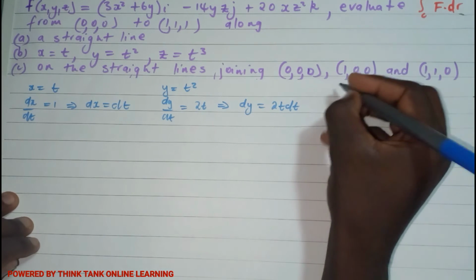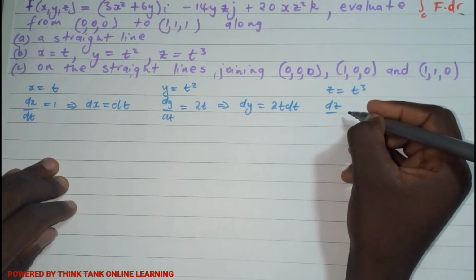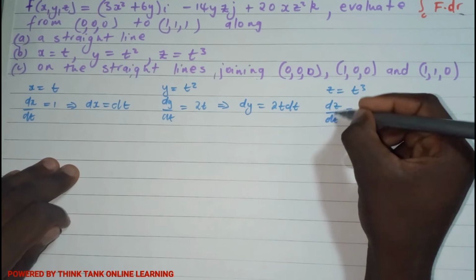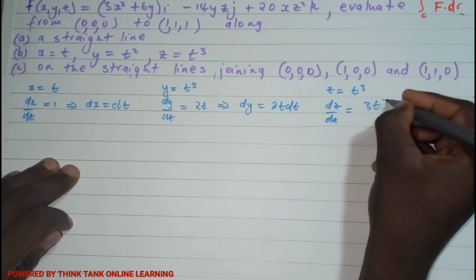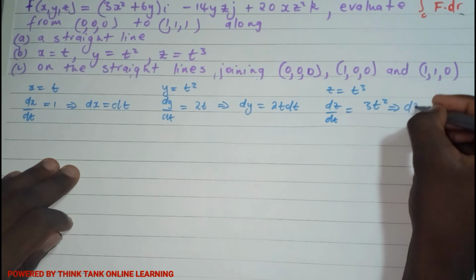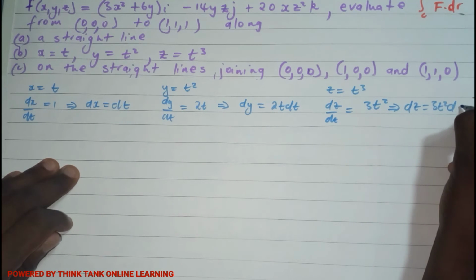And we're going to do that for z equals t cubed. So now we have dz/dt equals 3t squared. So this means dz equals 3t squared dt.